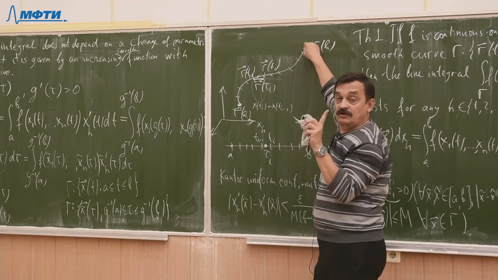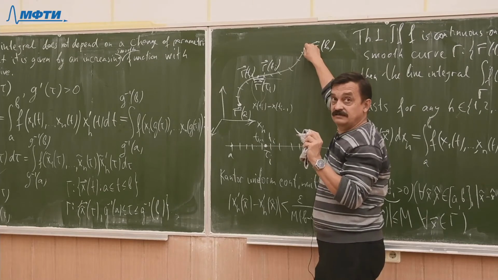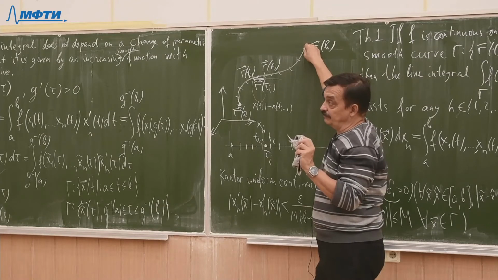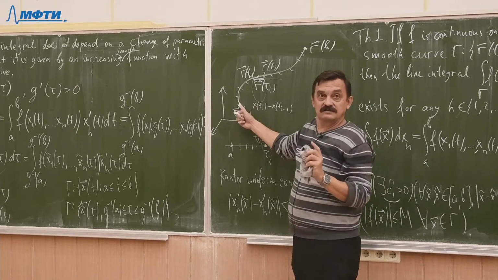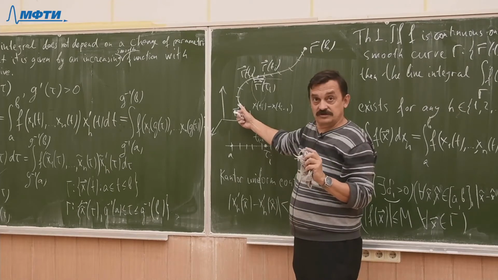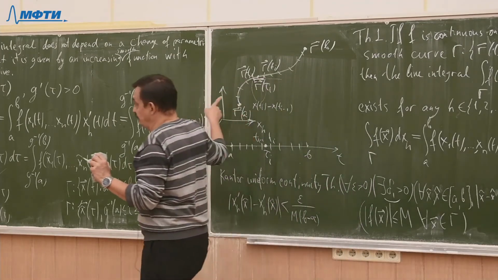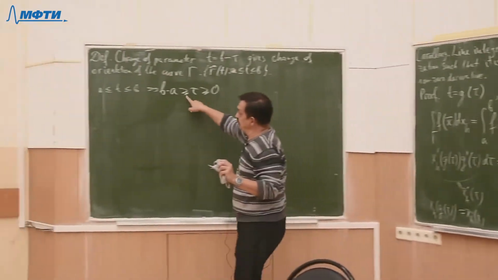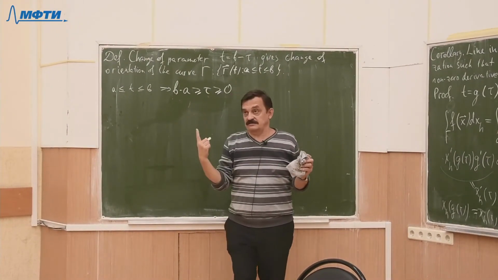Now tau varies in the converse direction, right? So here, this is the greatest, b minus a, tau has the greatest value at that point. Tau equals b minus a. This is the positive and greatest possible value.